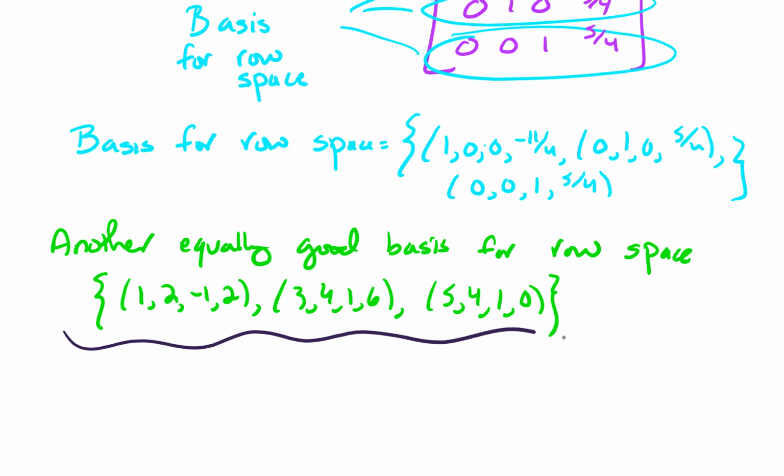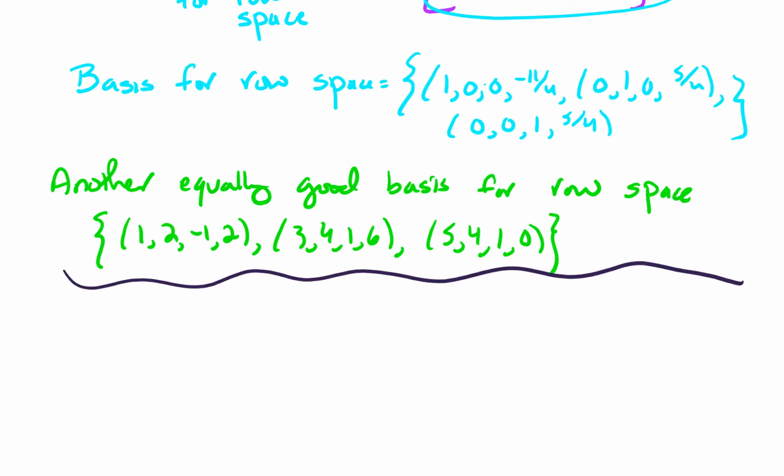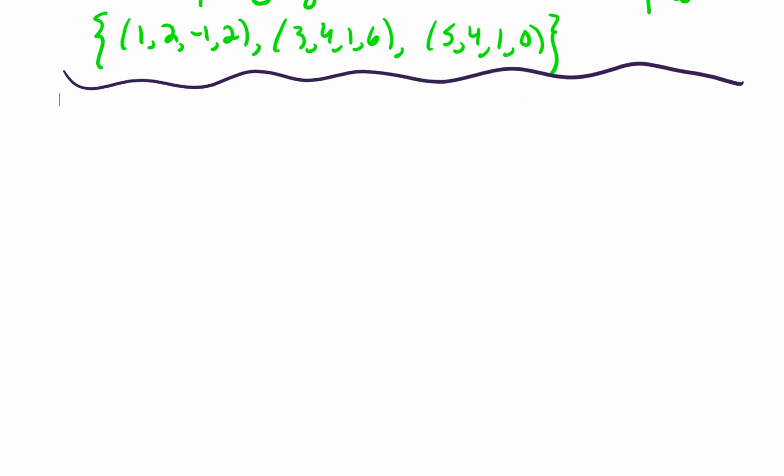So let's make a little bit of room here. So lastly, let's examine the column space. So the dimension of the column space is also 3.